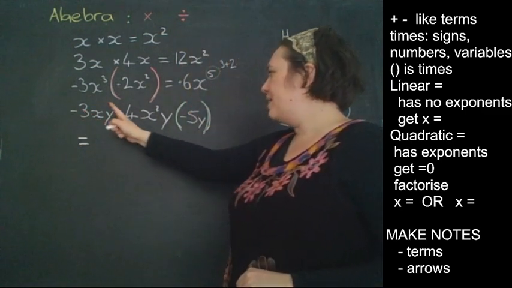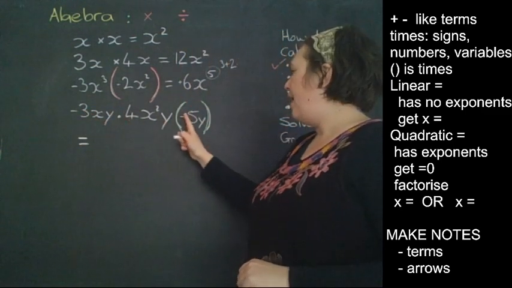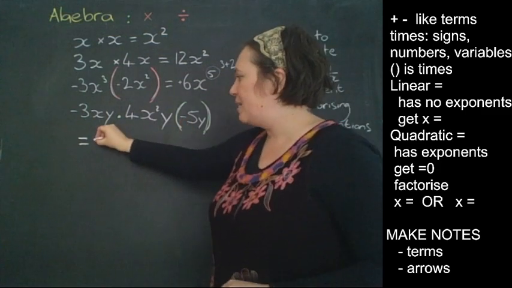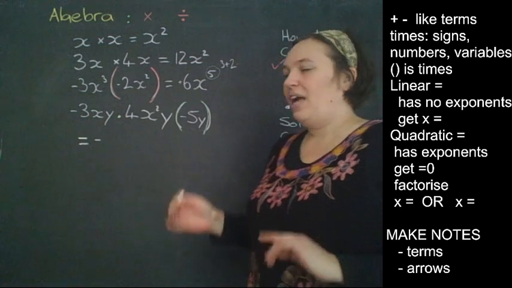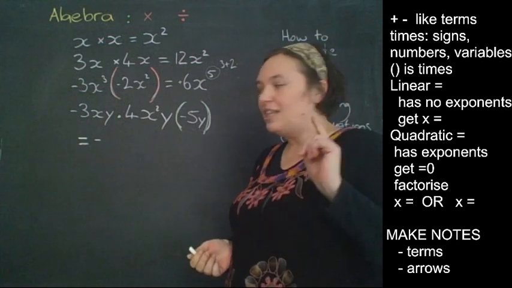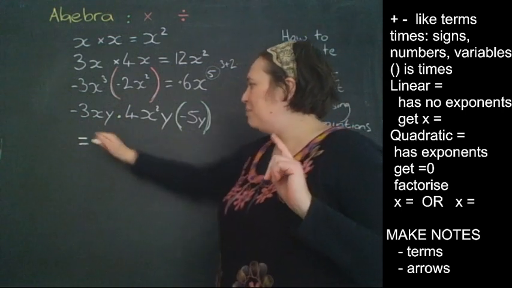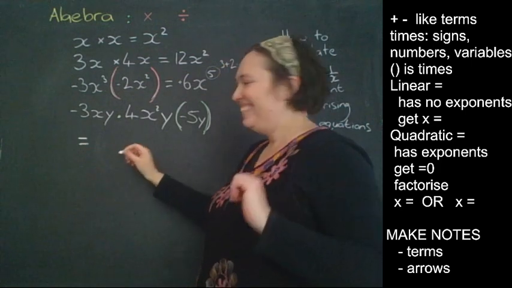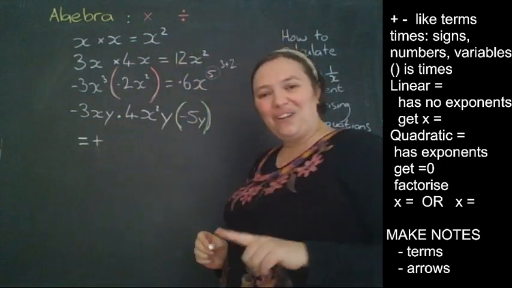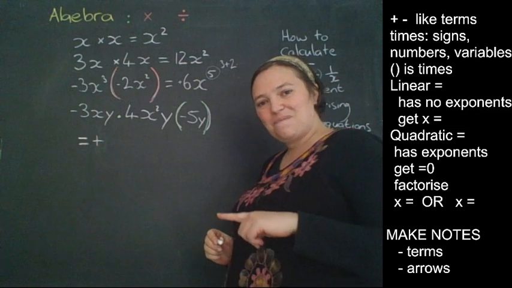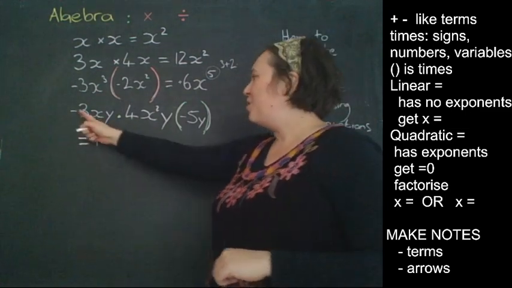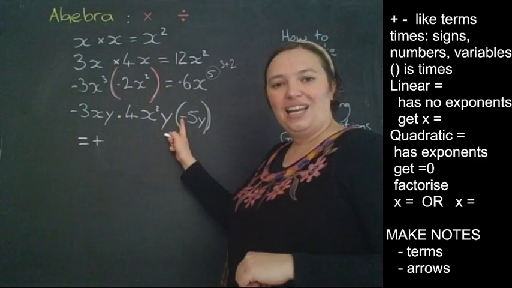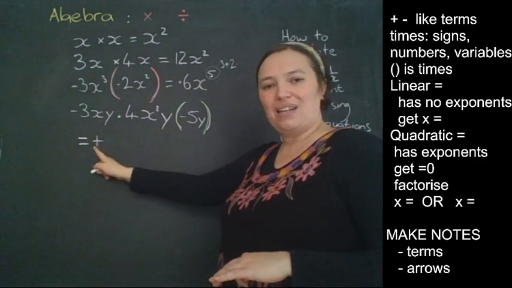So what you can do is you can count the minuses, and if it's an even number of minuses, then it's a plus. If it's an odd number, then it stays a minus. So there's 2 minuses here, an even number, so it becomes a plus.